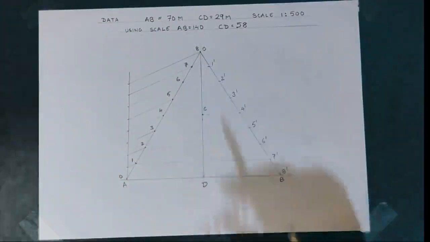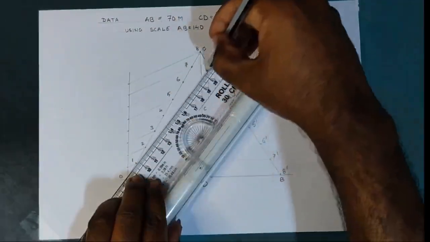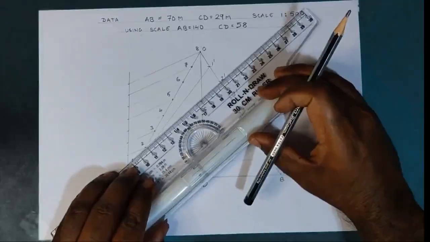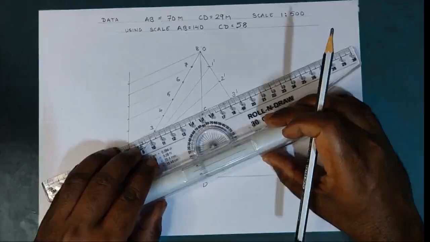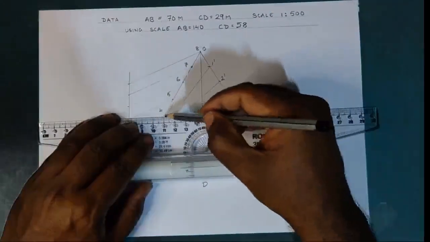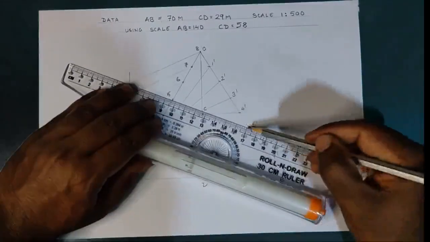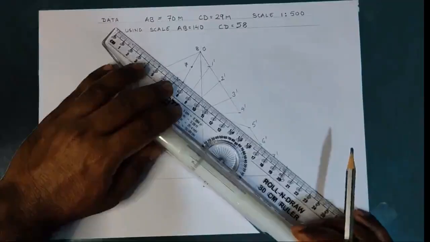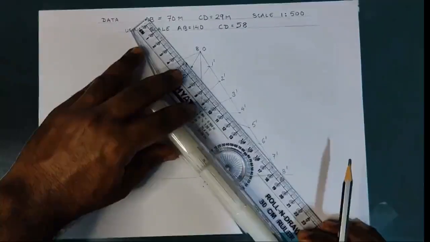Now I'll be joining the points 1 with 1 dash, then I'll join 2 with 2 dash, 3 with 3 dash, 4 with 4 dash, 5 with 5 dash, 6 with 6 dash, and 7 with 7 dash.